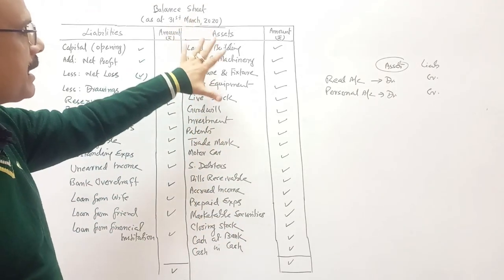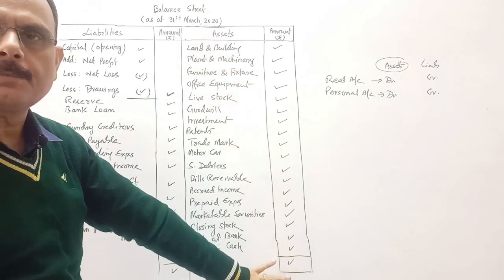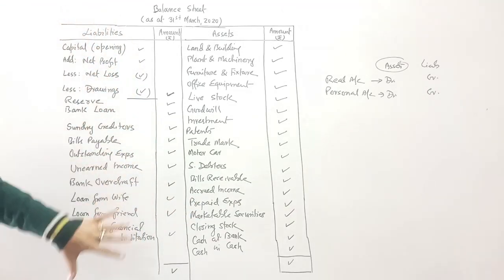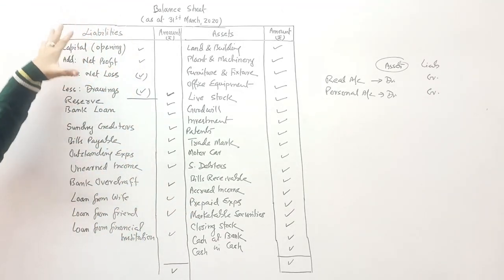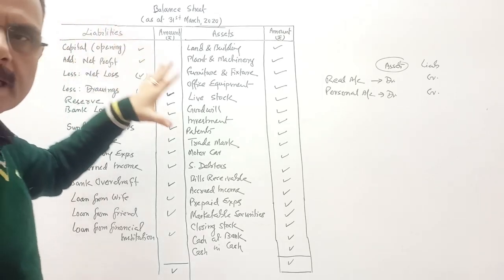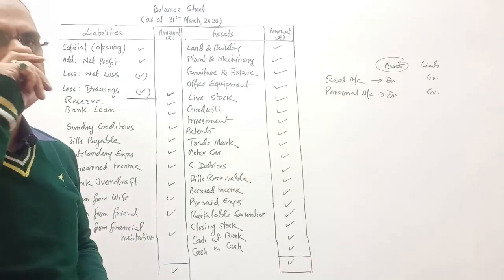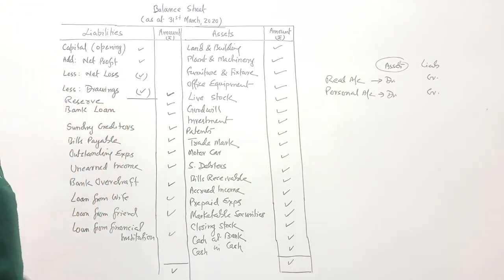Means liquid assets are at top and fixed assets are at a bottom. Similarly, current liabilities are at top, and long-term liabilities or non-current liabilities will be at the bottom. Then in which way have we presented the balance sheet? Balance sheet in liquidity form.